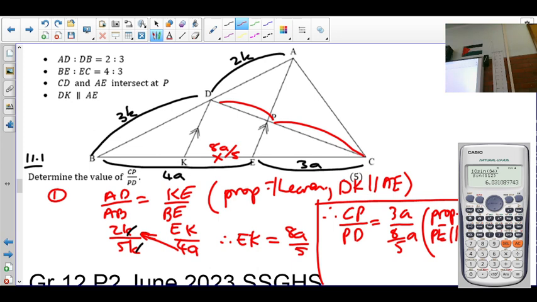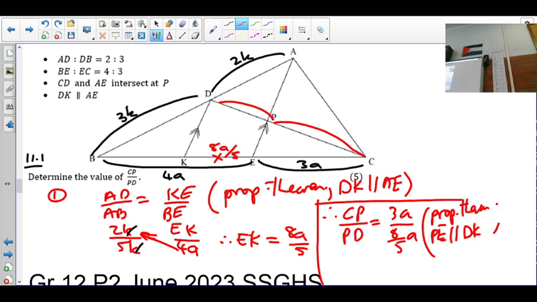I'm just going to take the calculator again. So this cancels, and that gives me an answer of 15 over 8. Is that correct? Okay.